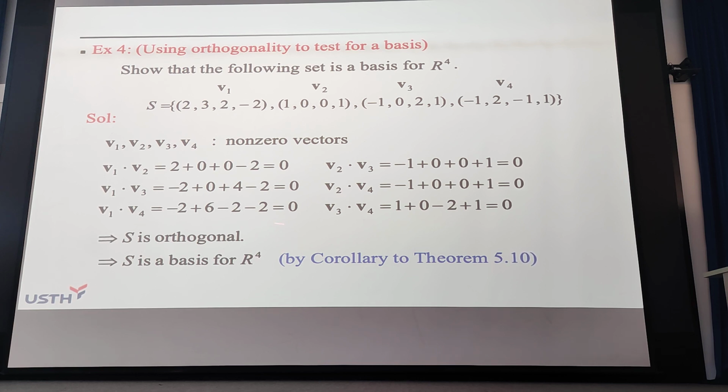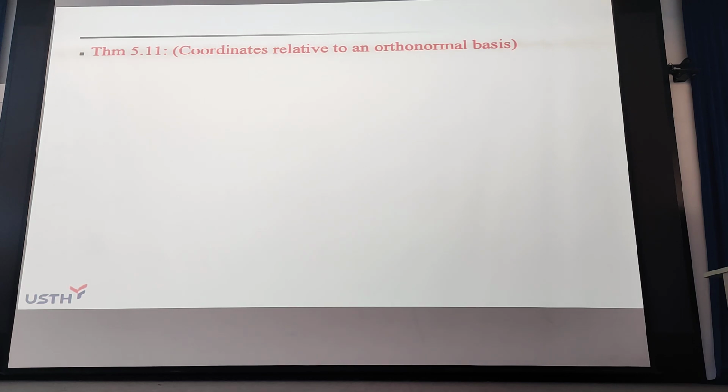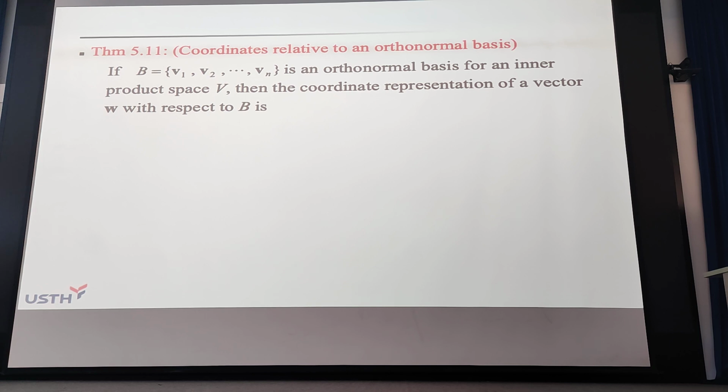So if you know that, it's now not so difficult for you to show something to be a basis. Now, this slide shows you the importance of an orthonormal basis. You know already that given a basis for a vector space, any other vector inside the vector space will be given by coordinates.